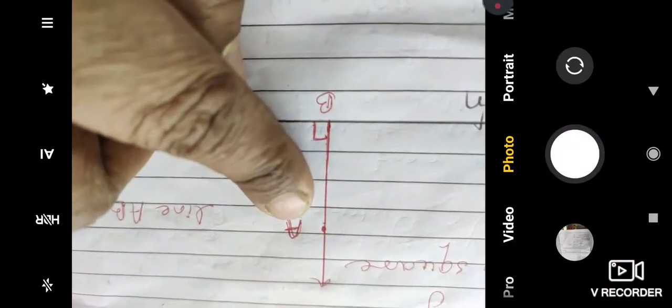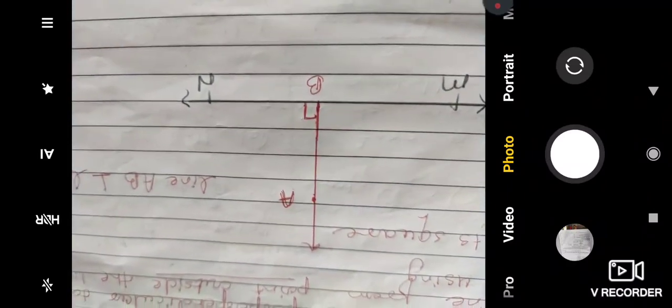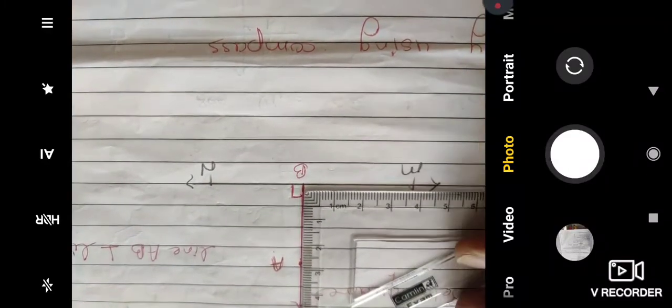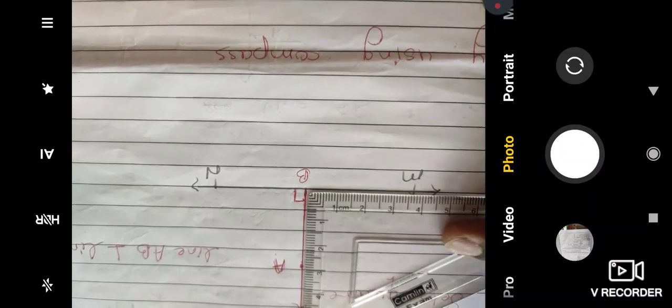After that, in the second method, we use the set square. Okay, and for that we have to draw the line first of all, then take any point A above the line, then use the set square. Okay, how to adjust I told you: this is a triangular shape, and which two sides are making the right angle, we have to adjust in that way.